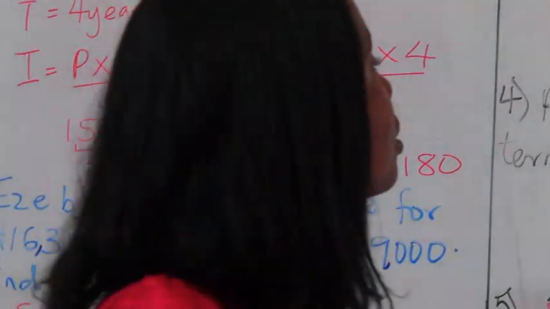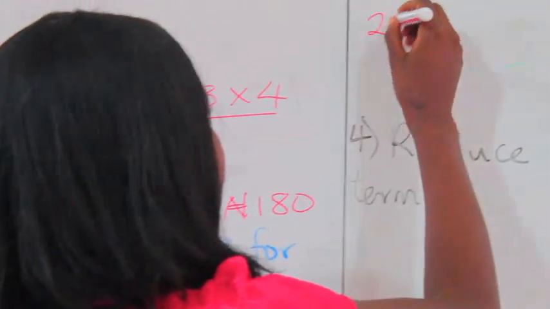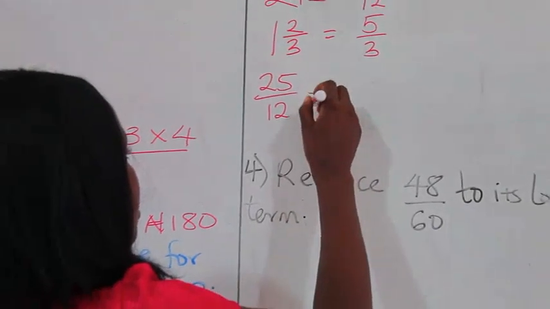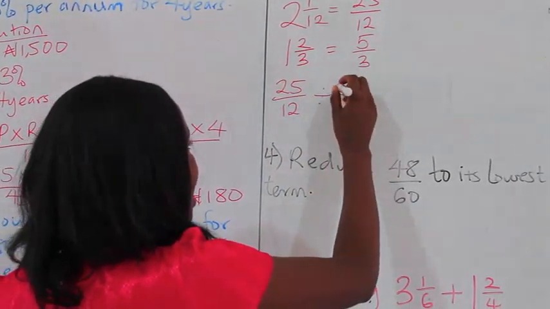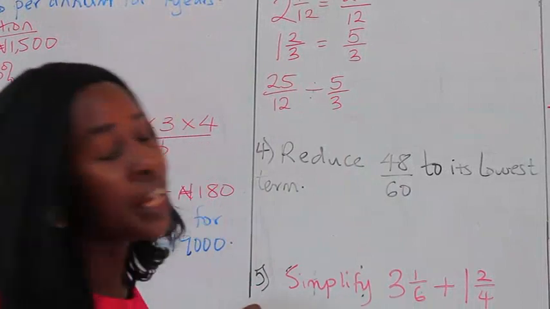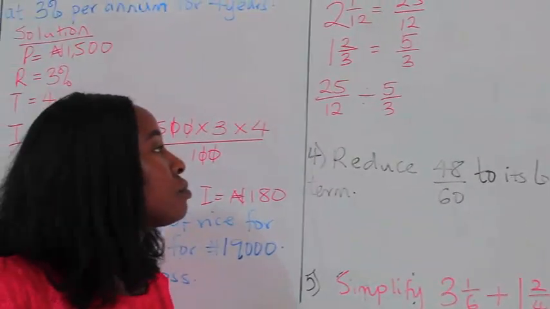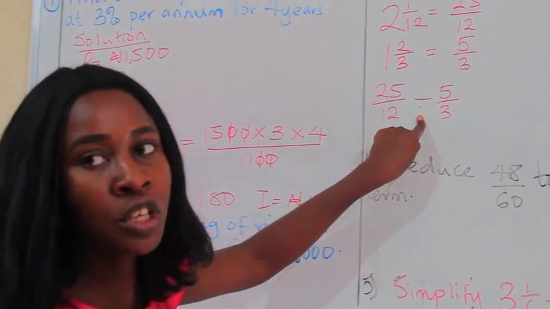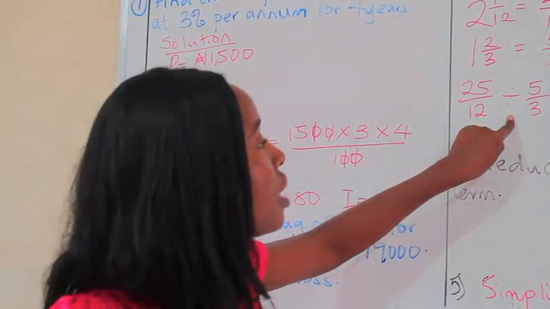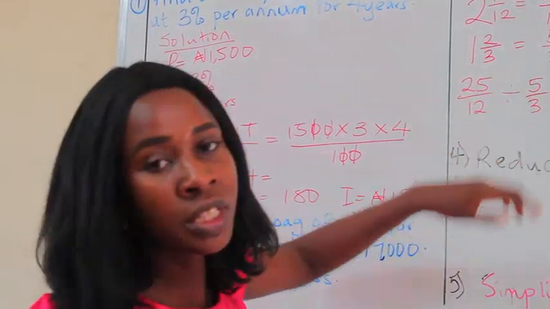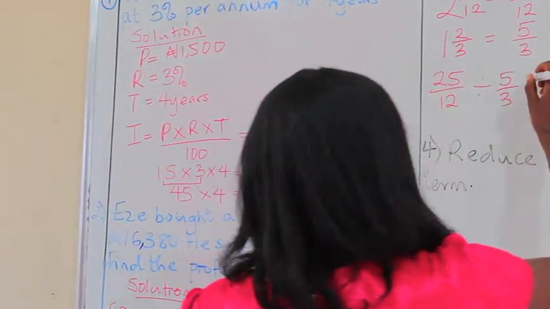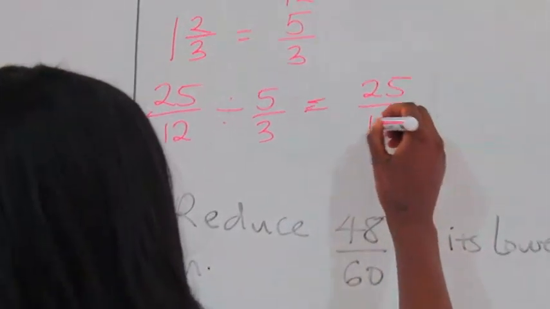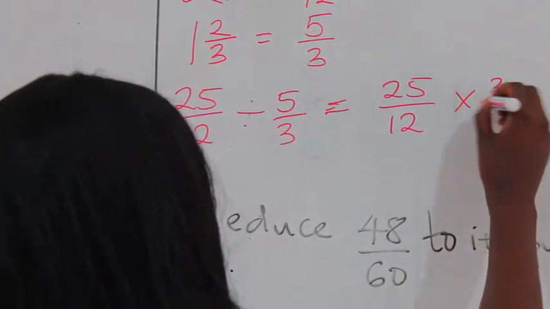In division of fractions, what we have here now is 25/12 divided by 5/3. In division of fractions, when we change, the division sign has to change to multiplication while we reverse the divisor. And we're doing that now. When we do that, we'll have 25/12 times 3/5.